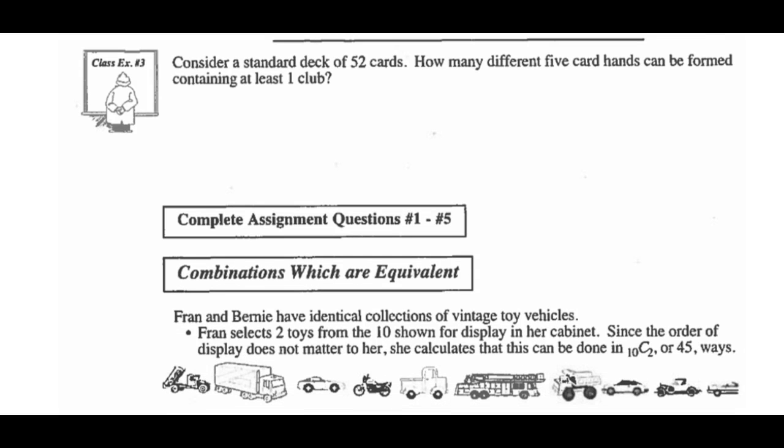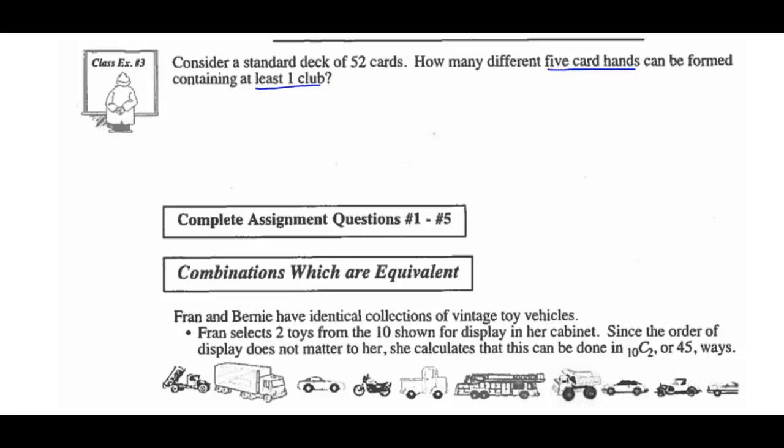Consider this question: a standard deck of 52 cards. How many different 5-card hands can be formed containing at least one club? So we could do this the long way. Say 1 club and 4 not clubs, 2 clubs and 3 not clubs, 3 clubs and 2 not clubs, and so on and so on.